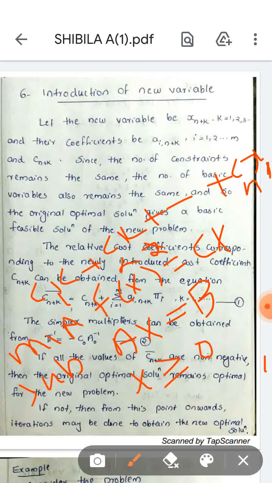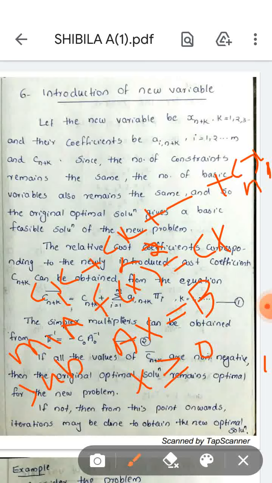That is, the matrix coefficients become a(1,n+k), a(2,n+k) etc. and c(n+k). c(n+k) is the cost coefficient corresponding to the new variable x(n+k).